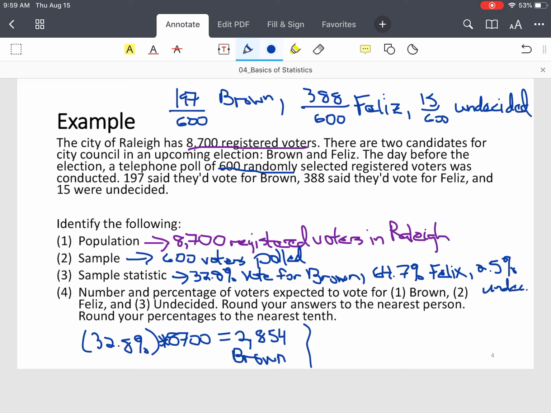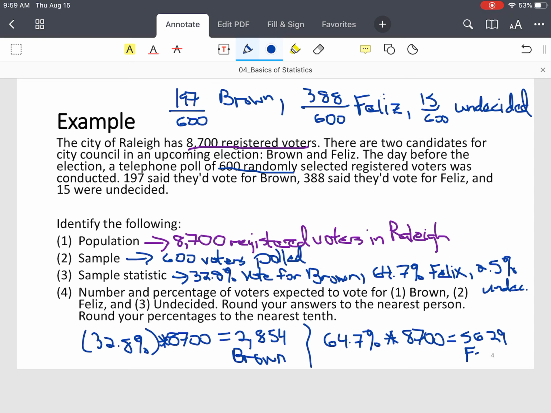All right, and we go to Feliz. Feliz has, based on our sample, if we've done this right, Feliz should get 64.7% of the voters. So we're going to go 64.7% times 8,700, and we get 5,629.